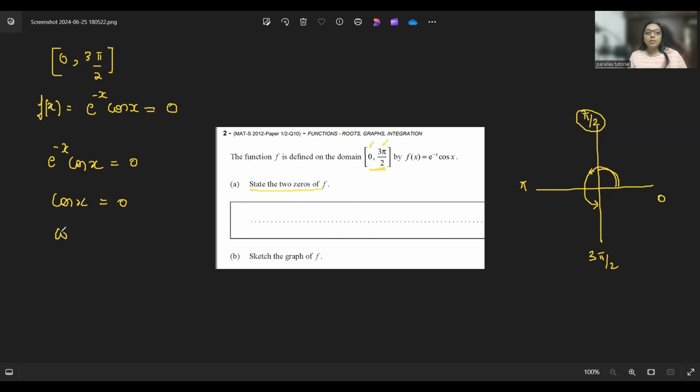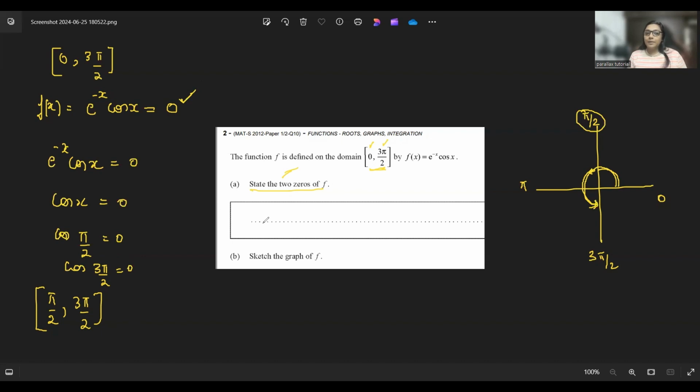So one is cos of pi by 2 is equal to 0. So x is pi by 2. That's one value, or (pi by 2, 0). And the other one would be, again, exactly at 3 pi by 2. So cos of 3 pi by 2 again will be 0. So you'll get 3 pi by 2. That would be your answer for these two zeros. So these are the two values of x for which f of x becomes 0.